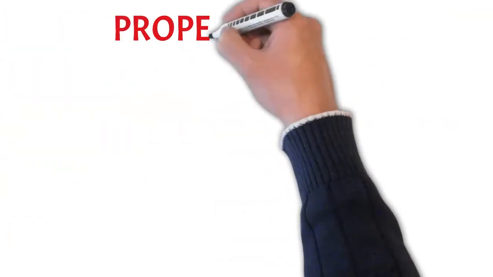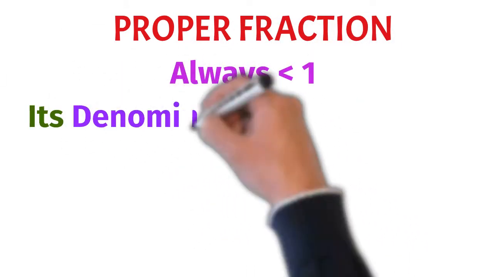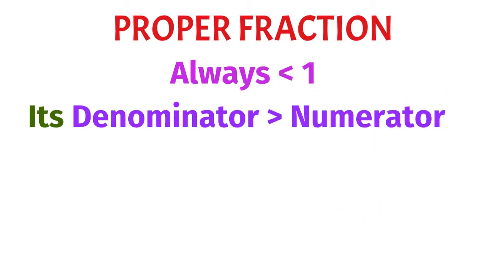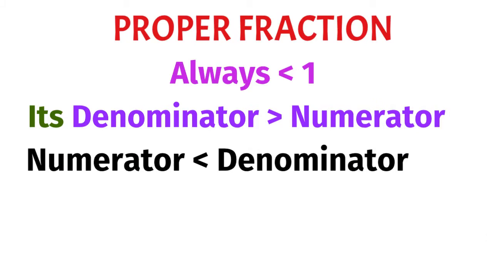First, the proper fraction. A proper fraction is always less than 1. And its denominator is more than numerator, or we may say the numerator is less than denominator. Now we can easily make so many proper fractions.